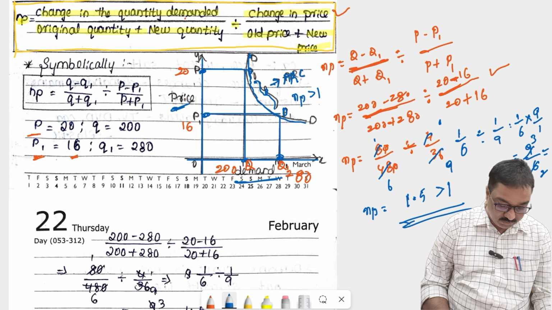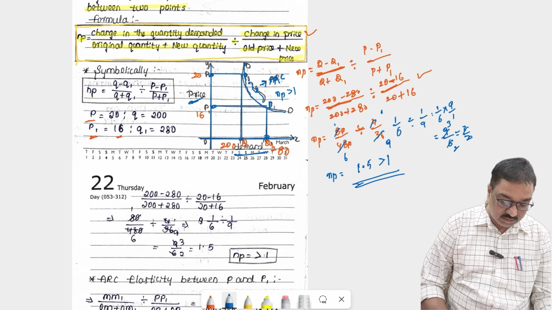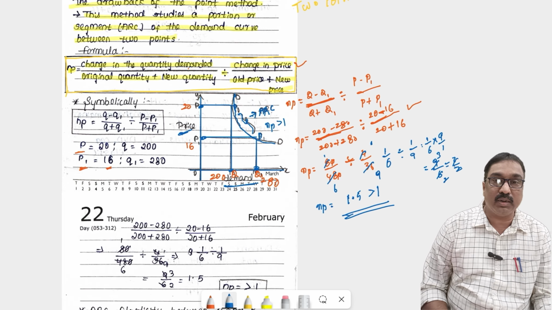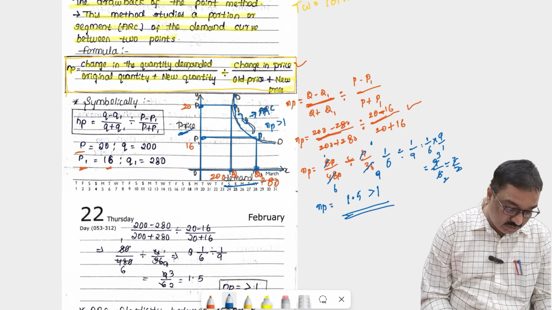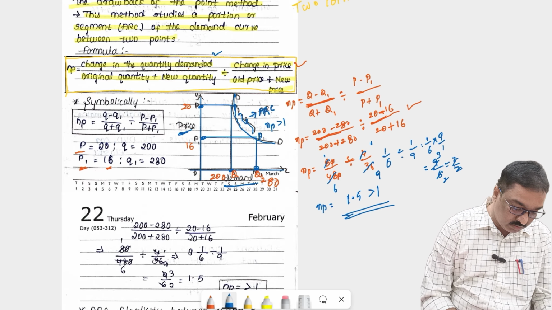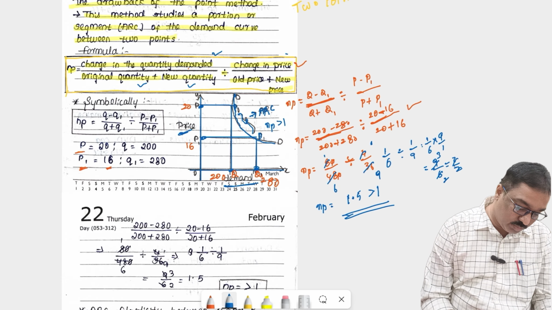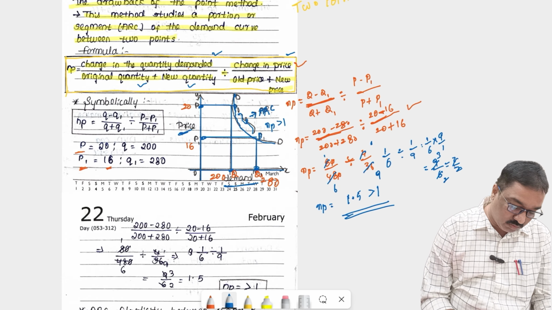This is called the arc method. Are you understanding this properly? The arc method is nothing but the change in quantity demanded divided by the original quantity plus the new quantity, divided by the change in price divided by the old price plus the new price.